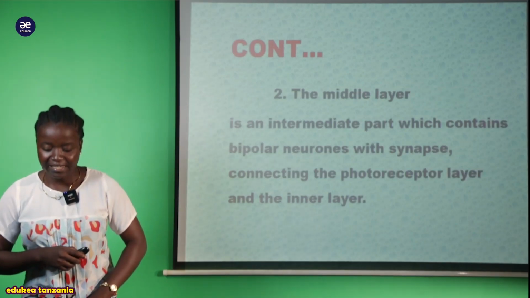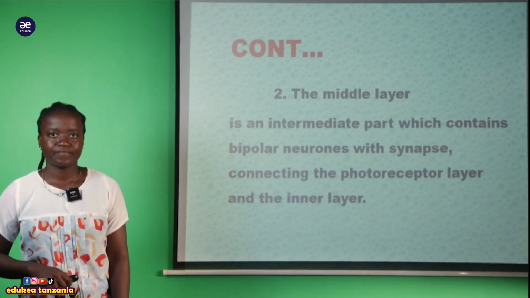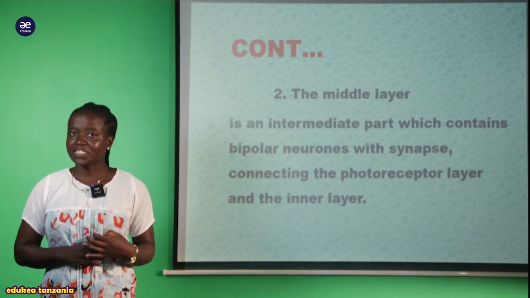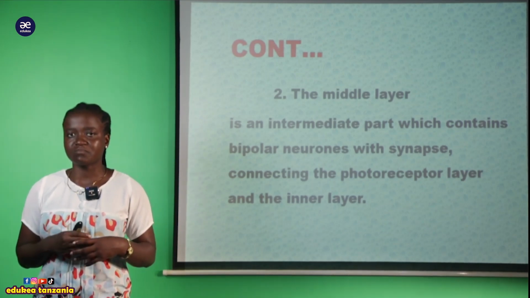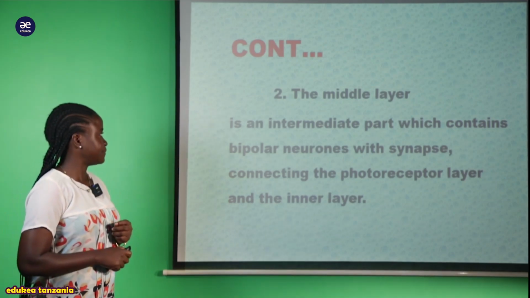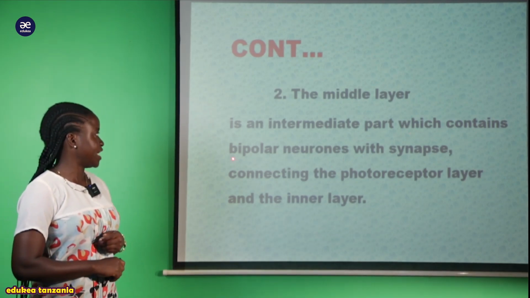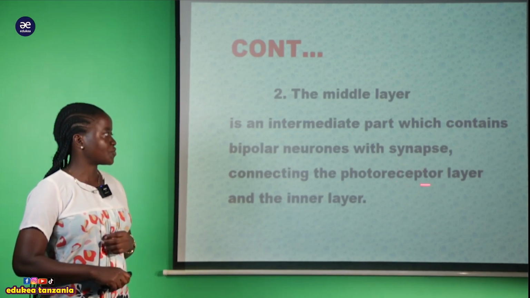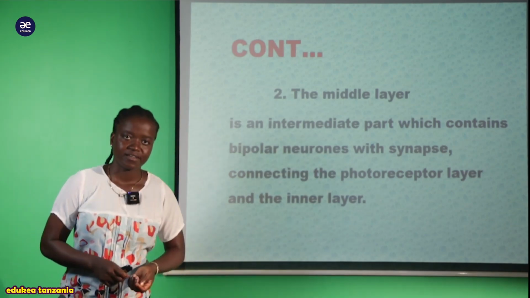But we have the second layer of the retina. It is called the middle layer. Layer ya katikati ya retina. So what is the function of this middle layer, and what are its constraints? We are saying that it is the intermediate part which contains bipolar neurons with the synapse connecting the photoreceptor layer and the inner layer.